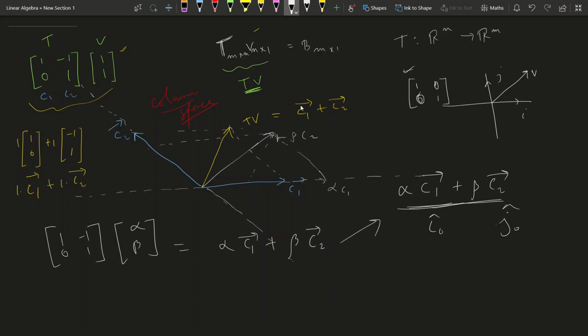So in other words, this transformation maps the v vector from our Cartesian plane to the column space of the transformation matrix, right? So that is what linear transformation is.